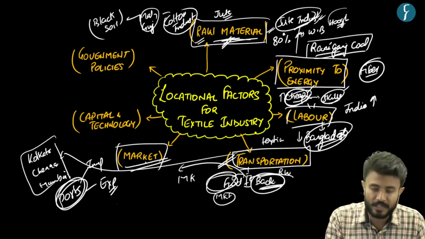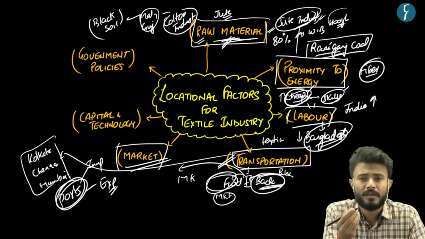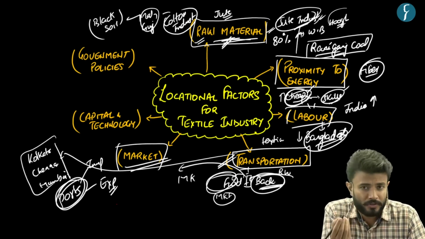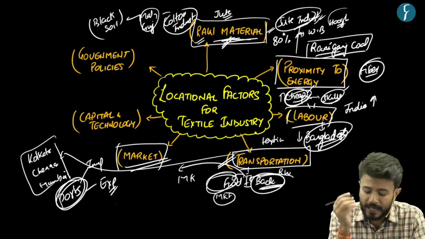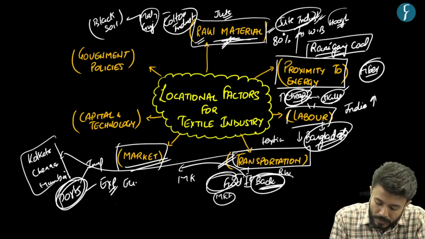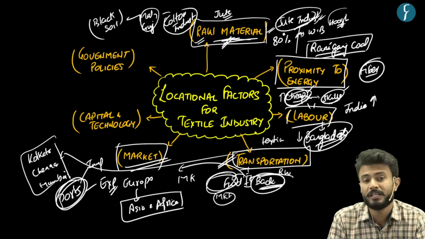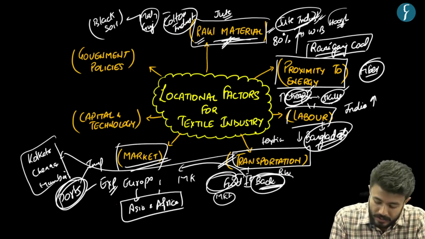Similarly, the availability of market. Now just think, what was one of the important reasons that the textile industries shifted from Europe towards Asia and Africa? Because this particular region, one, had a tropical climate, right?